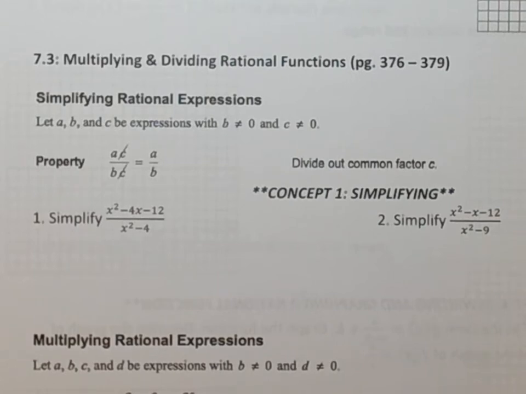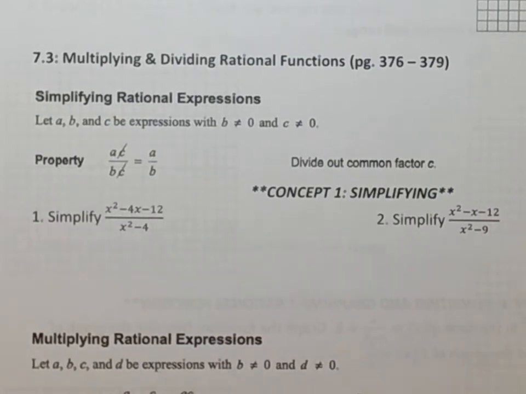Monomials can be just simplified, but binomials and trinomials have to cancel with the exact same binomial or trinomial. All right, and I'm going to show that here, but factoring is a huge part in this. So if you did that factoring review, it should help tremendously. If you didn't and you need to go back and try it, I would suggest it.